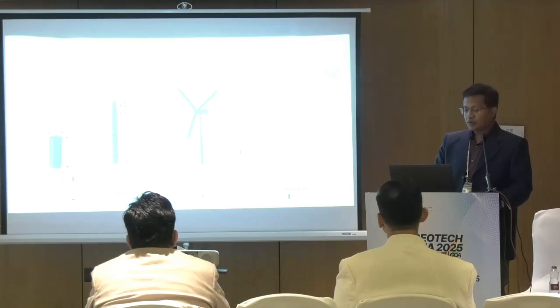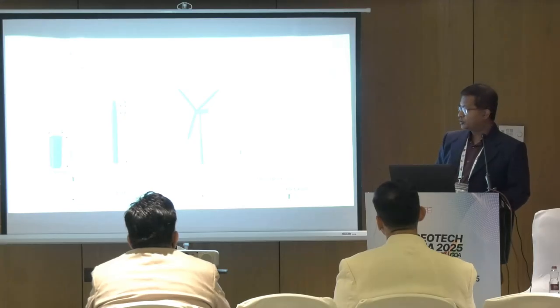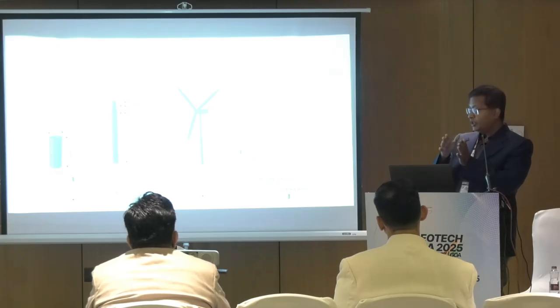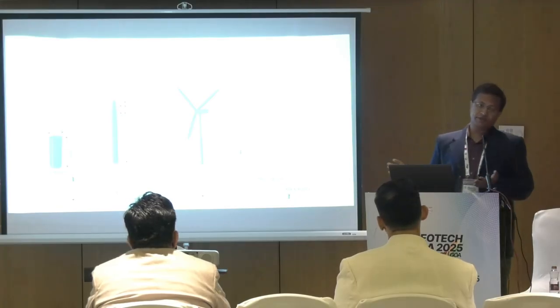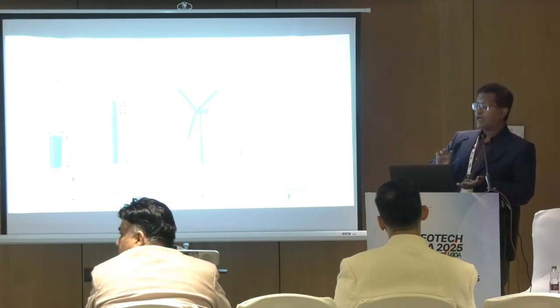This type of structure has 6 degrees of freedom: 3 translational motions and 3 rotational motions. When the structure is vibrating as a floating system, we need to consider all these different types of motion. Now, how do we incorporate this? For this kind of system, we need to consider the hydrostatic forces.